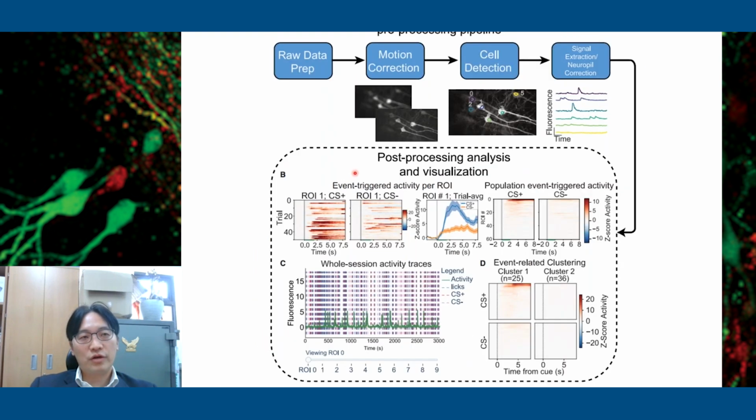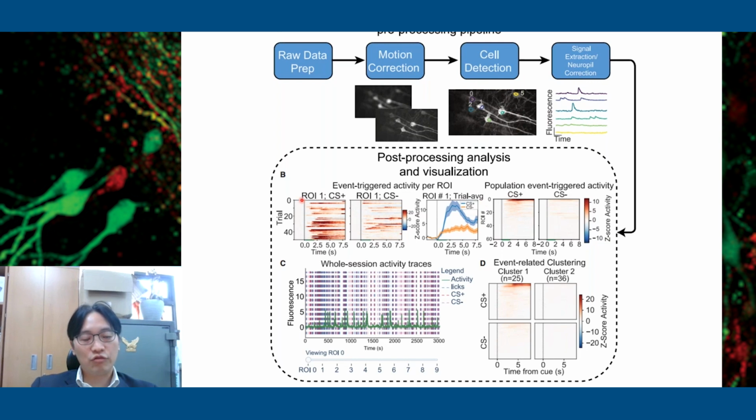So for the cellular imaging, the initial image may seem a little blurry, but Bruker or other companies, or the open sources, have this software. You can do motion correction, cell detection and single cell extraction, and then you have a much better image and much better signal to noise ratio.